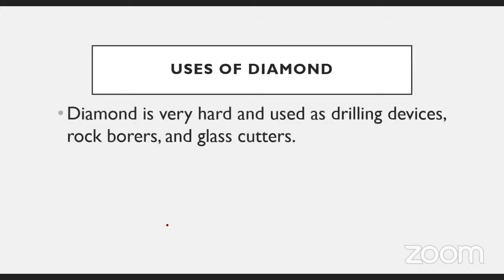Diamond is very hard, therefore it is used for making rock borers and also glass cutters. Here we have a use depending on the property, where we say it is the hardest substance known.